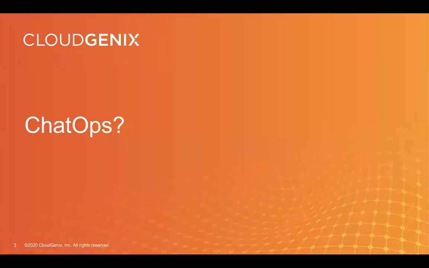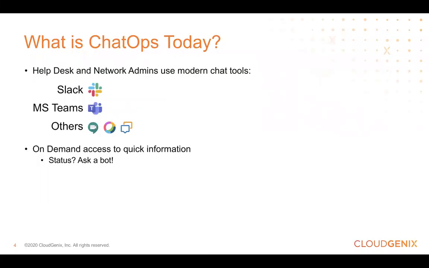So what is ChatOps, right? Most enterprises these days are kind of shying away from email to do their day-to-day collaborative work, and they're using mostly modern chat tools like Slack, Microsoft Teams, and a bunch of other applications. The good thing about these applications is that most of them come equipped with bots.